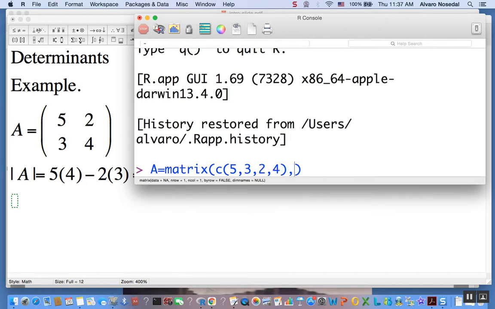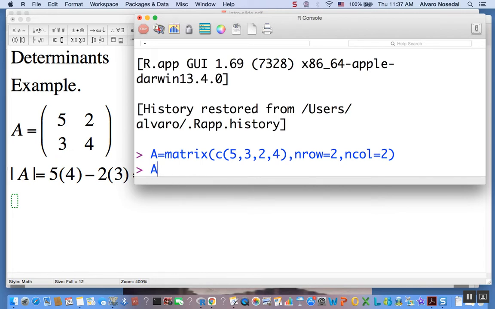Remember that R reads vectors as column vectors. The additional parameters we need are the dimensions, the number of rows and columns. In this case, 2 rows, 2 columns.